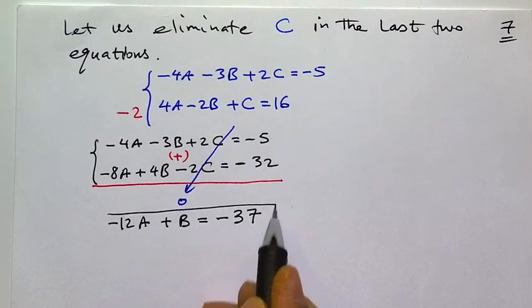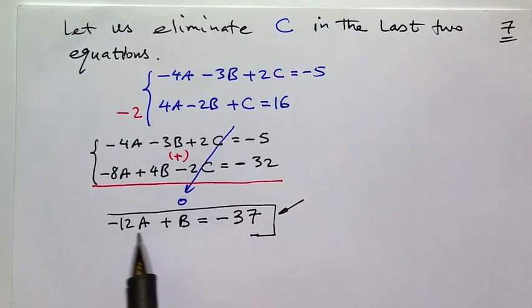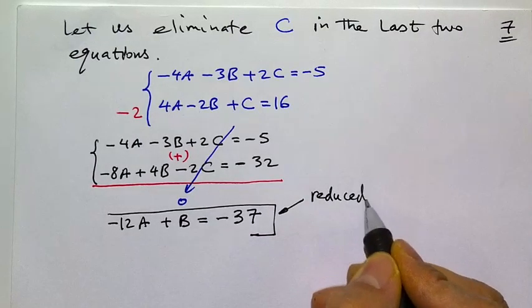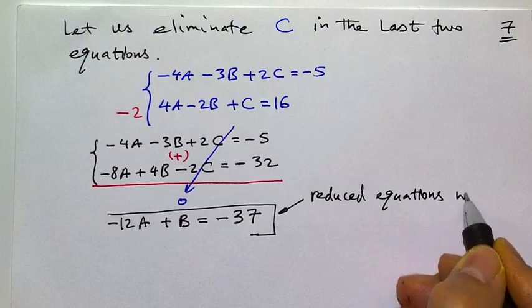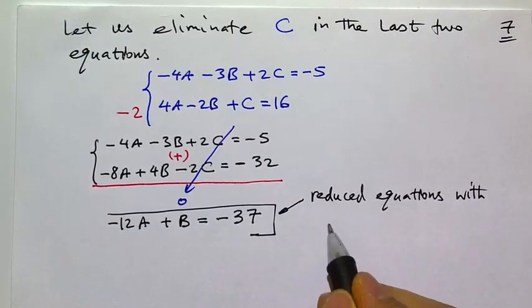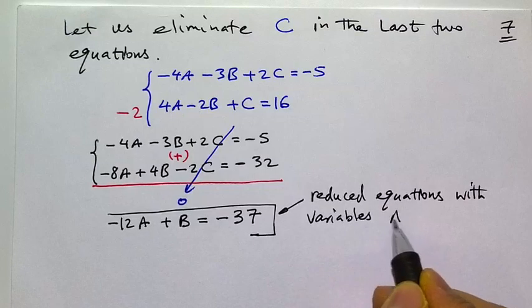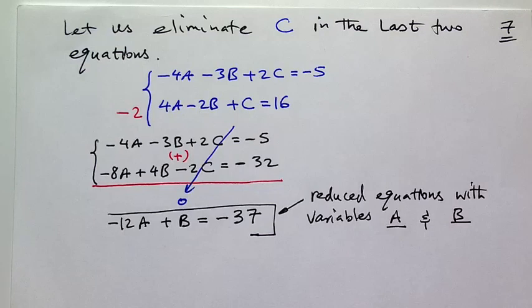So this equation is the reduced equation in variables a and b. Okay?